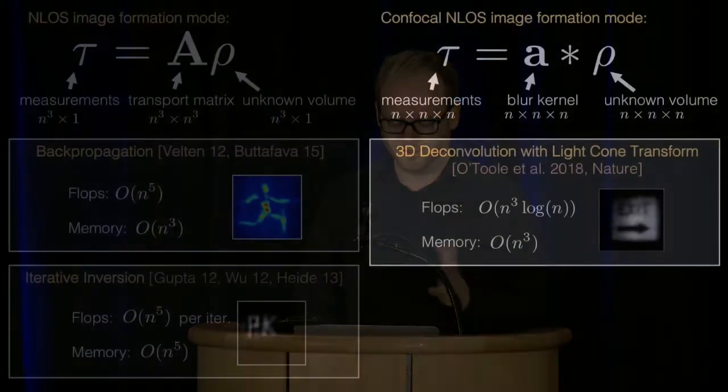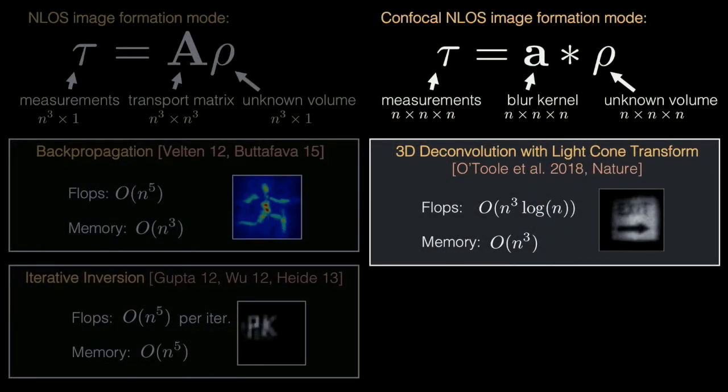The basic idea is that we can model this image formation model as a 3D convolution. And compared to the matrix vector multiplication, we can now work with significantly less memory. We can do convolutions very efficiently. Neural networks use convolutions all the time. And we can, in fact, find a closed form inverse solution that we can compute in real time by inverting this convolution in the Fourier domain in a computationally and memory efficient way.